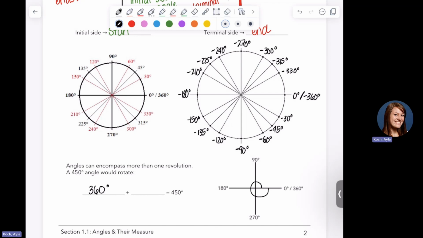Maybe I'll highlight that in red. There's that first loop. Then it needs to go 90 degrees extra to make the rest of the 450. That's how I would draw a 450-degree angle in standard position. It still lands on the 90-degree spoke, but I'm not just drawing the blue part. I'm drawing the whole circle, all the way around.